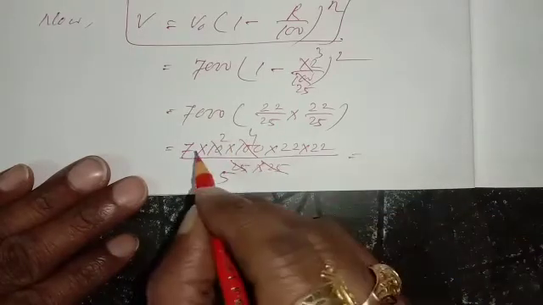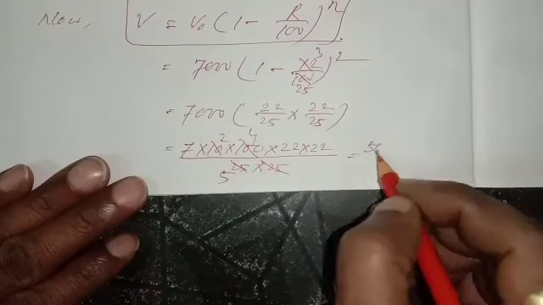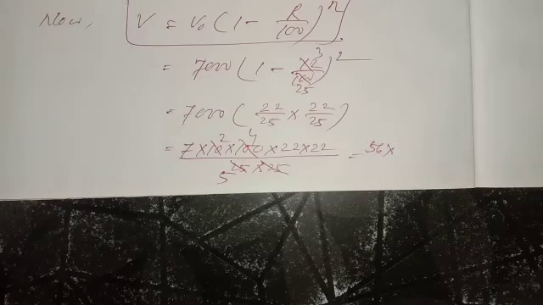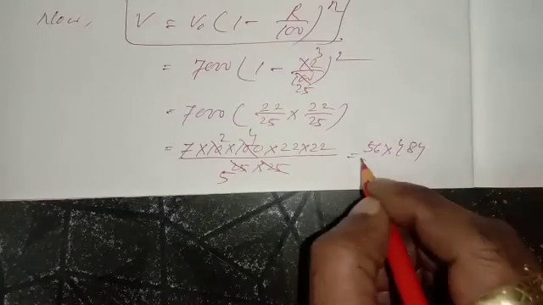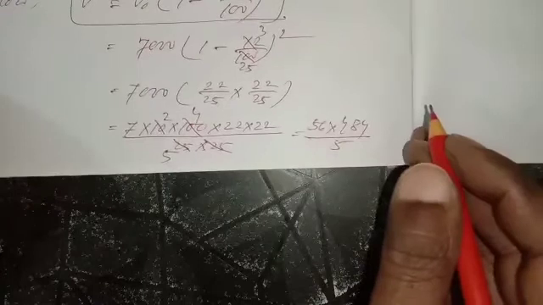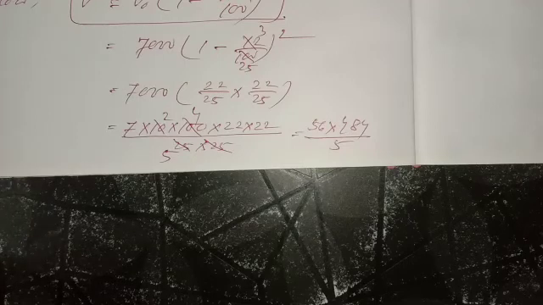That means it is coming 7 4s are 28, 8 7s are 56. 56 into 20 into 20, 22 into 22, how much, just multiply: 484 divided by 5. The final value will be 484 into 56, after multiplication, divided by 5. What will we get here?